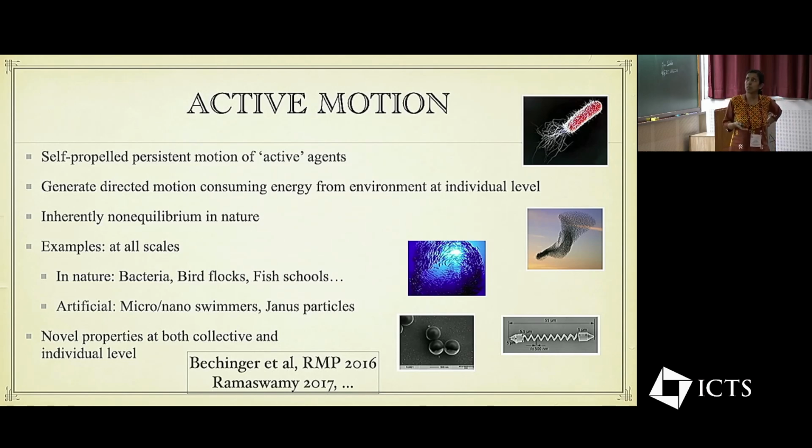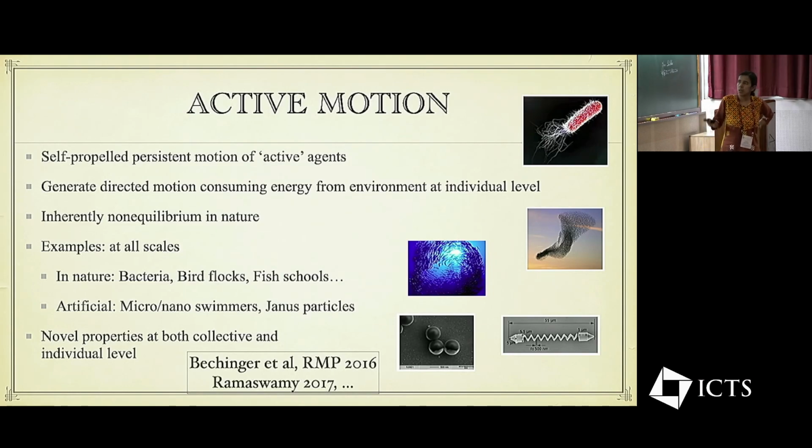Active motion refers to a persistent motion performed by self-propelled particles, like bacteria or birds, which we observe in nature. There are also many artificial entities designed in the lab nowadays, like Janus particles or various kinds of micro and nano swimmers.